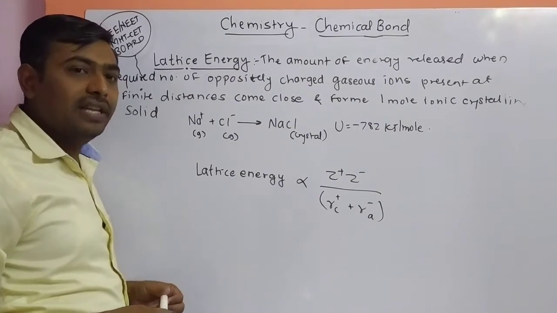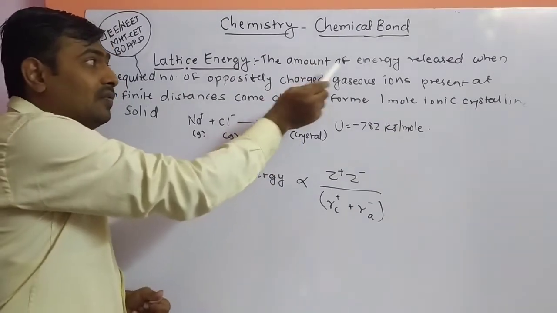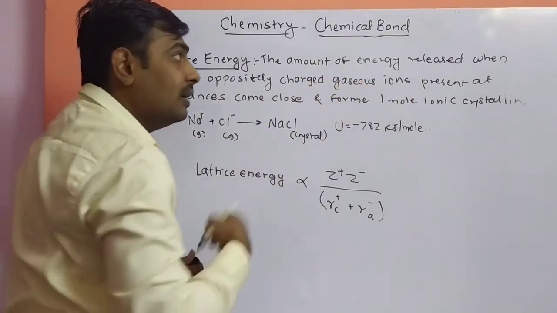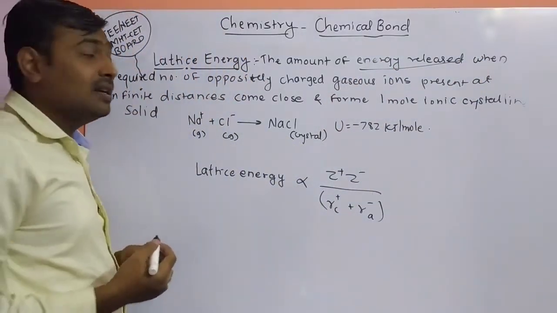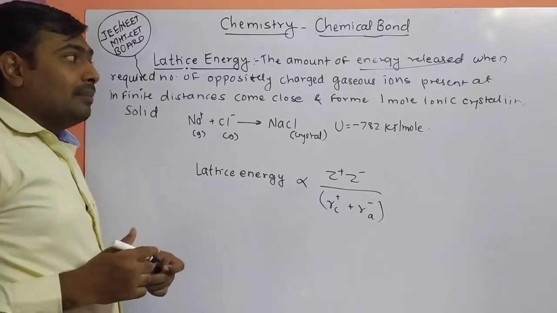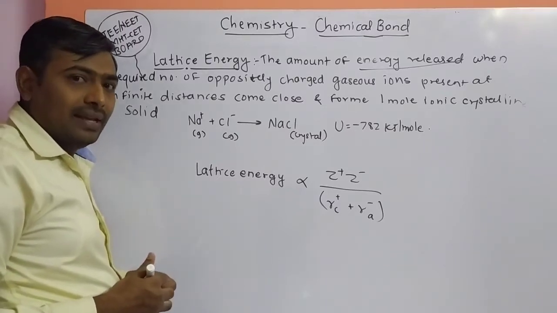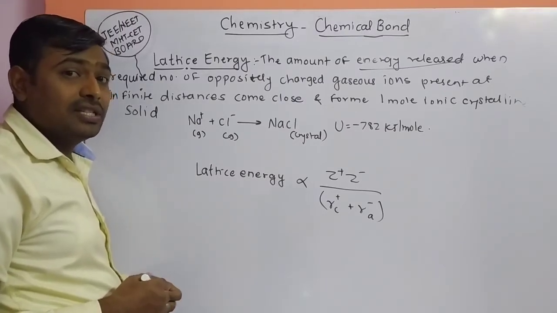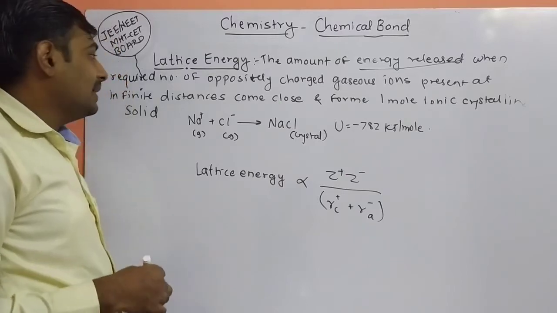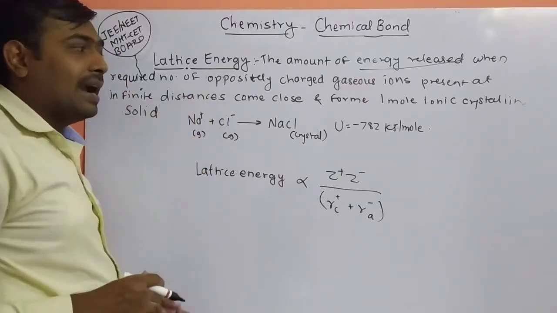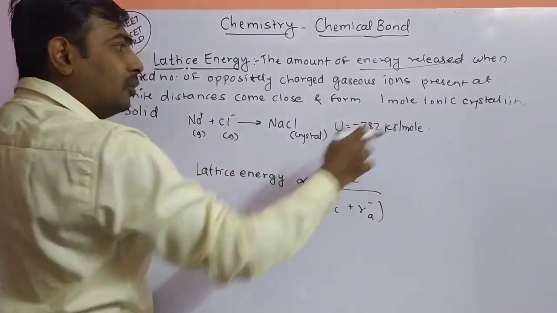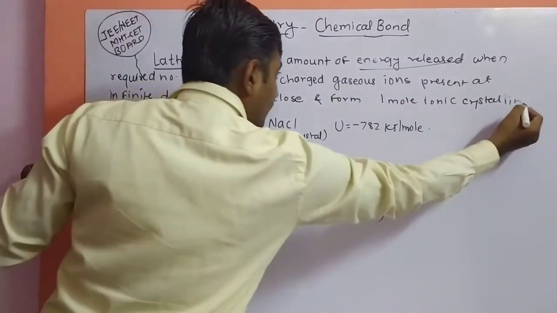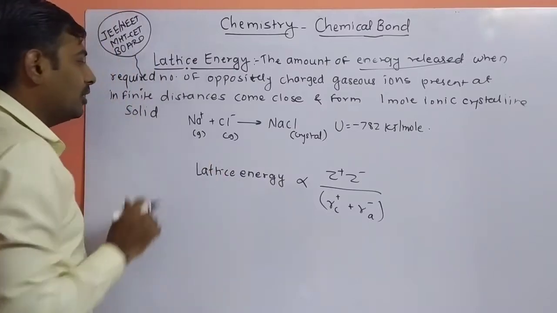The amount of energy released, very important, energy released. So it is exothermic. The amount of energy released when the required number of oppositely charged gaseous ions present at infinite distance come closer and form 1 mole of an ionic crystalline solid.